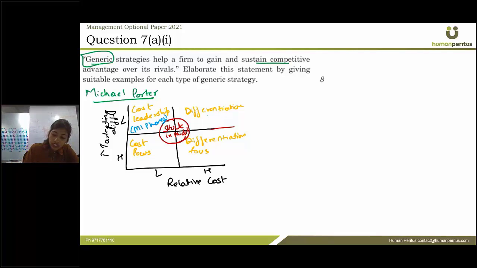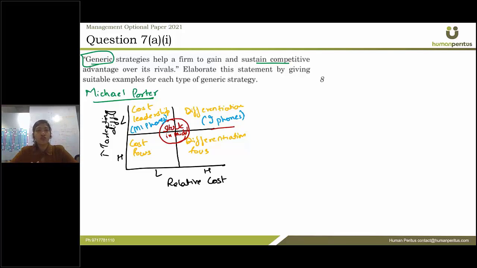Differentiation is when cost is high but marketing differentiation is low. In this case, it is like iPhones.